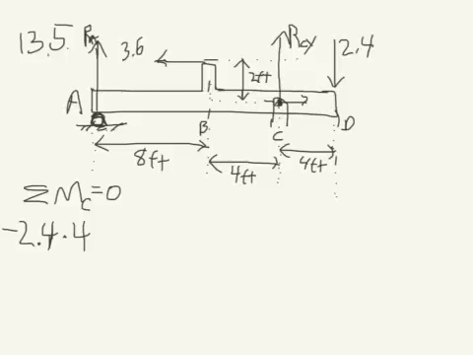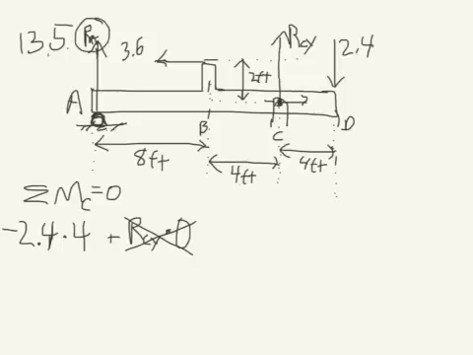As we go from right to left, the next force we get to is the one from the support at C, which is going to be 0 because the moment arm is 0. That force is right at C, so we don't have to put anything there. That variable doesn't even show up in this equation. The only one we're going to have is this RA.